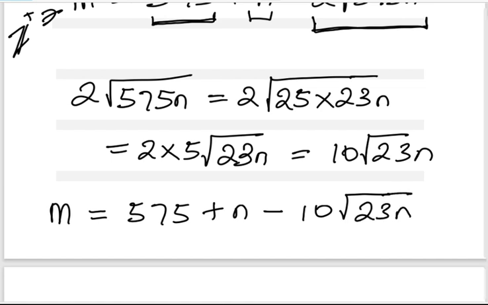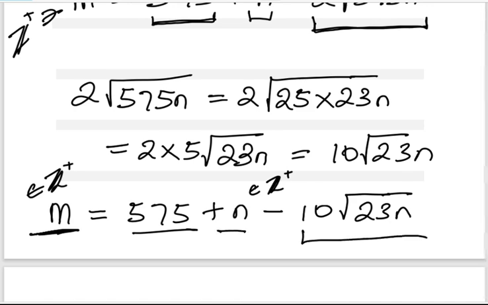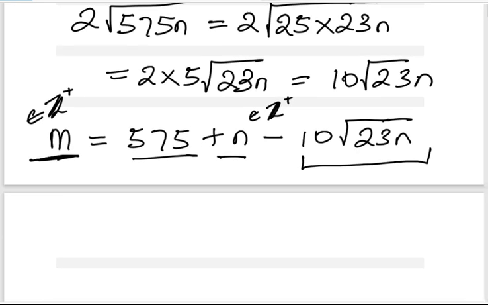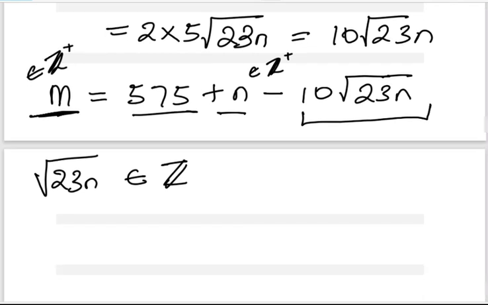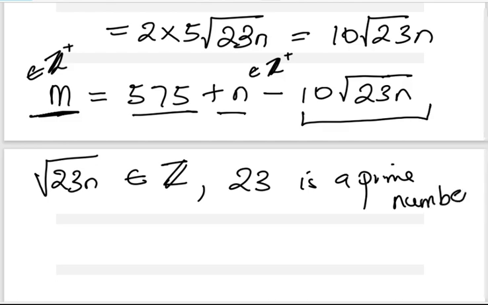Okay, and we'll still maintain that m is a positive integer and n is also a positive integer. So with that, for m to be a positive integer, this is an integer, this is an integer, this term has to be an integer, and for that to be possible, that means that square root of 23n has to at least be an integer. And for this to happen, if you look at this clearly, 23 is a prime number. It's only divisible by 1 and itself.